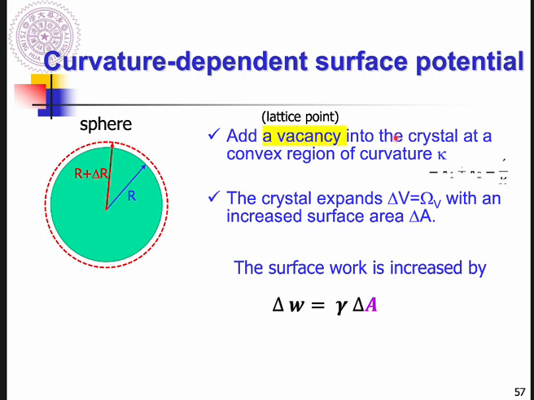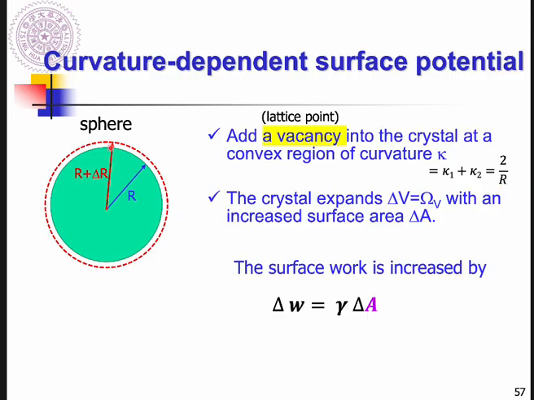And the curvature will be the reciprocal of this radius. As I mentioned, kappa is kappa 1 plus kappa 2. If this is a sphere, then kappa 1 equals kappa 2, so we will get 2 divided by r, because 1 divided by r plus 1 divided by r gives 2 divided by r.